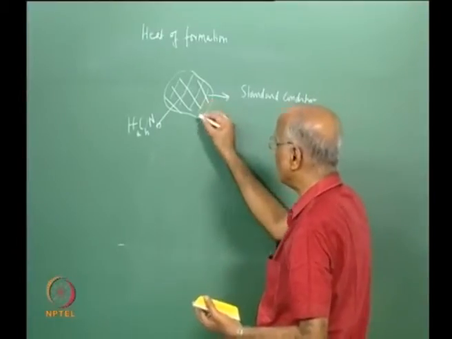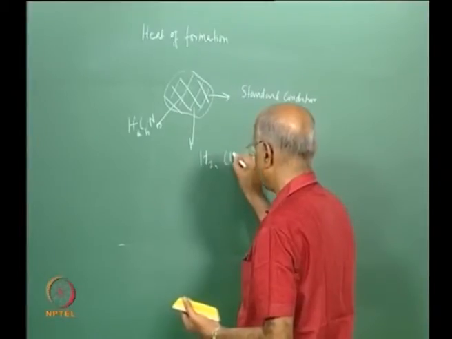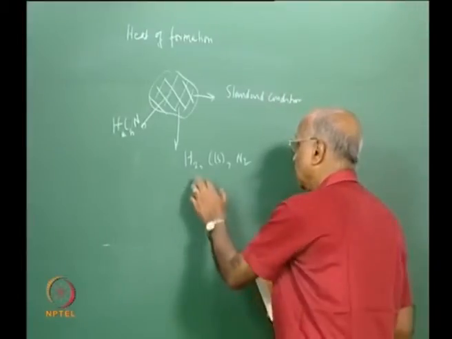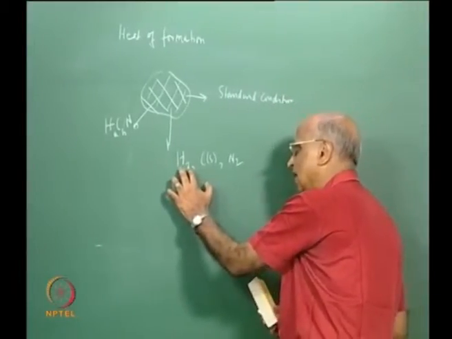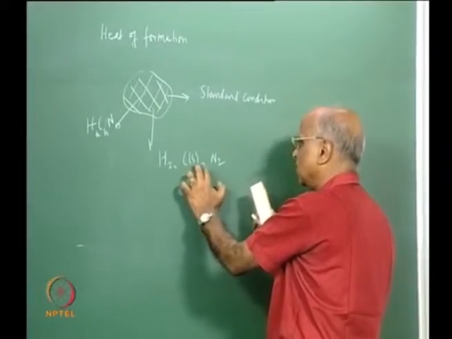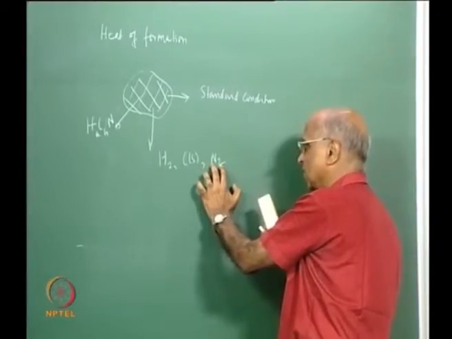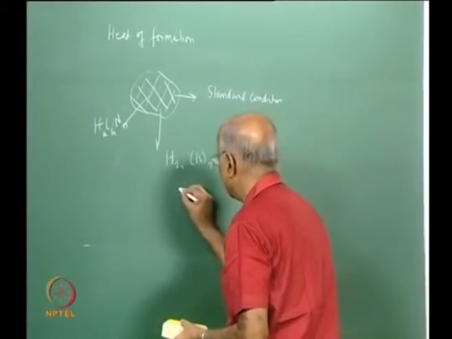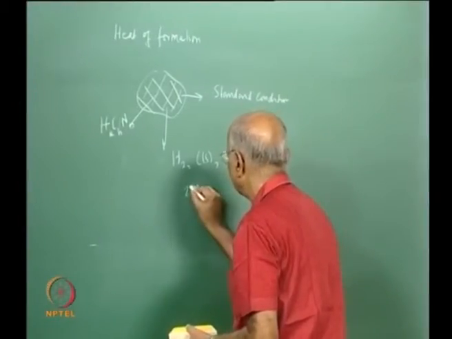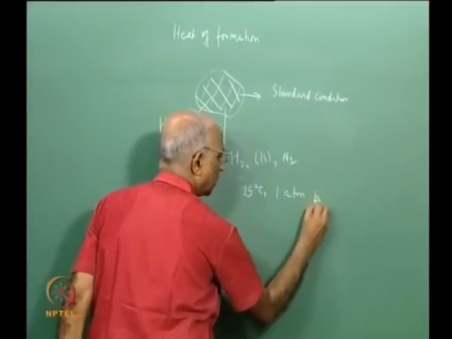What are the elements which constitute this? They are again hydrogen, carbon as a solid, and nitrogen as a gas, and mind you, these are all substances. Hydrogen is a gas under standard conditions, carbon is a solid under standard conditions, nitrogen is a gas, I am sorry. And the standard condition is taken as 25 degrees centigrade and 1 atmosphere pressure.